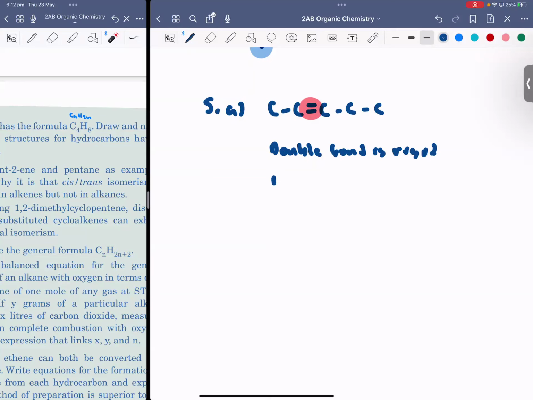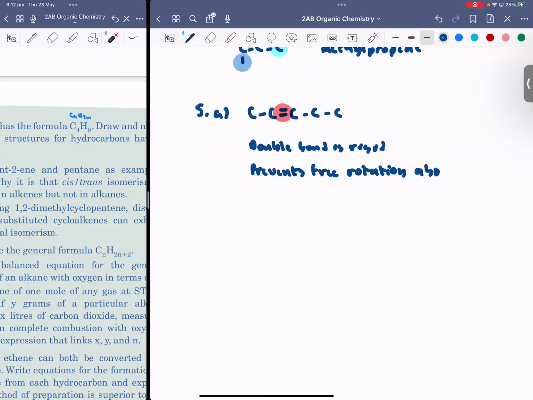It prevents free rotation around the bond. And if it prevents free rotation around the bond, therefore, what can you have, guys? Cis trans isomers exist.